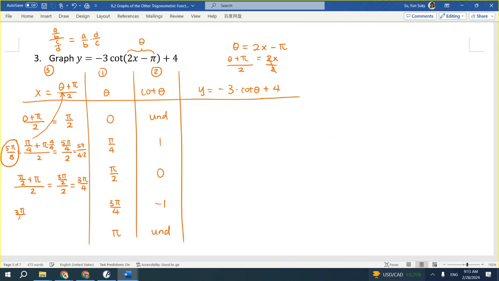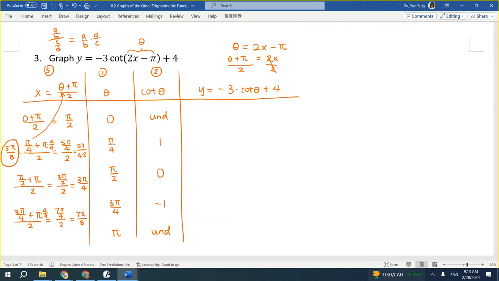Okay, next, 3 pi over 4, and then plus pi. What's 3 pi over 4 plus pi? Common denominator, 4. So you multiply by 4 divided by 4. 7 pi over 4. And divided by 2 is 7 pi over 8.